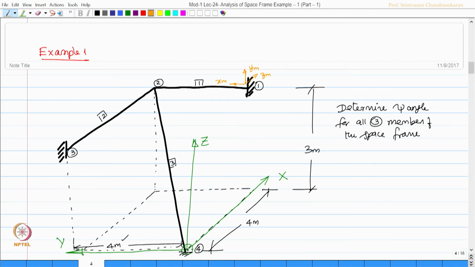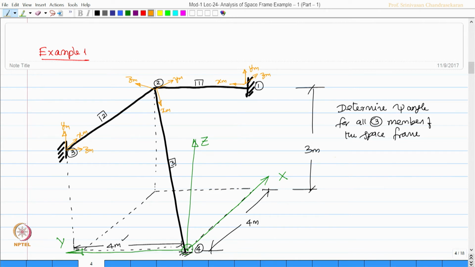For the second member, let us say this is my xm, ym and zm. For the third member, along the length is xm, ym and zm.